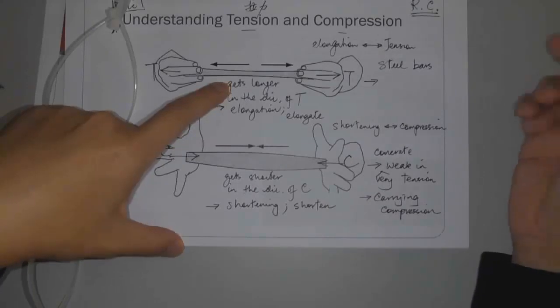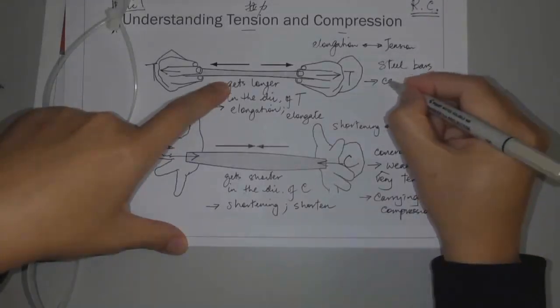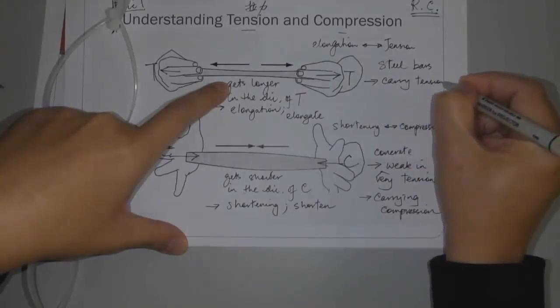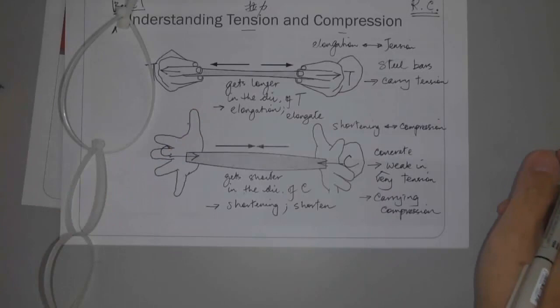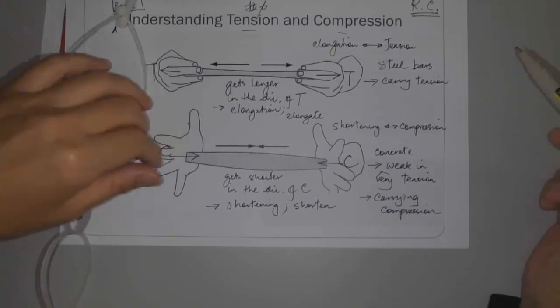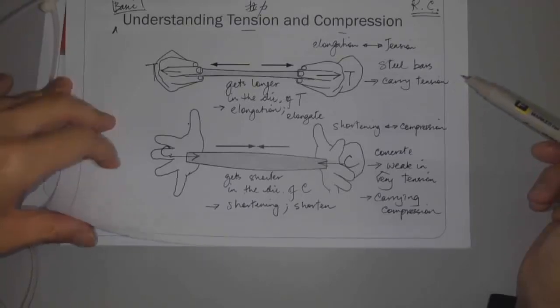Steel is strong in both compression and tension, but in an RC structure, it's supposed to carry tension. And this is the reason why you put these two materials together in a reinforced concrete structure. Those simple things you should have learned before in your material course.